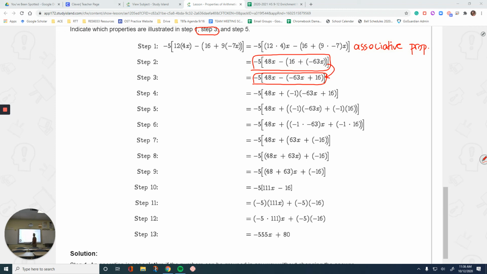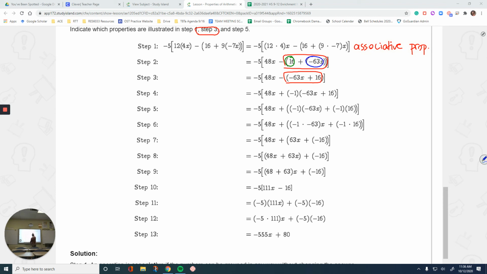So now I'm going to clear this out. I'm going to focus on the differences. Negative 5 is the same. 48x is the same. I have negatives. They are the same. 16 plus, and it turned into negative 6. This is the difference, right? Now we need to describe what's going on in there. So the first term in here was 16. The second term was this guy over here.